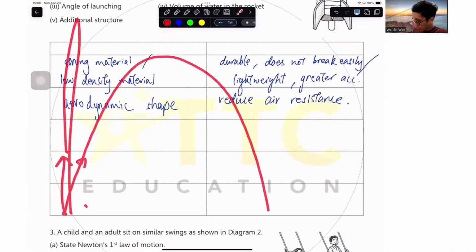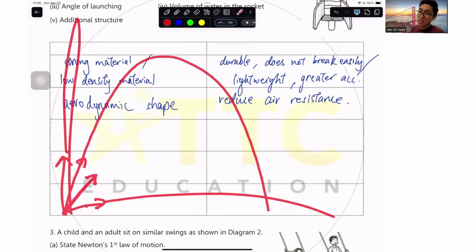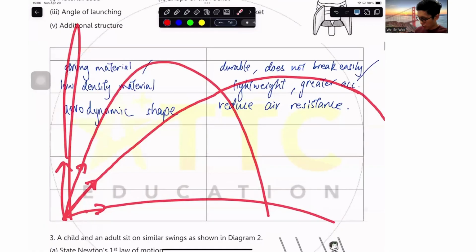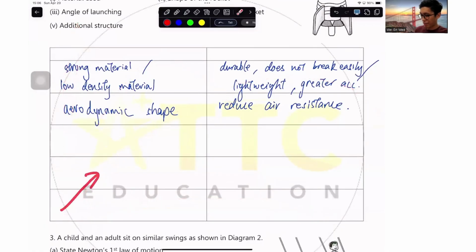If you go too horizontal, it also drops down very quickly. So 45 degrees is the way to go because it's a perfect balance of up and horizontal. Up is so that it doesn't land on the ground so quickly. Horizontal is so that it can travel horizontally. So 45 degrees is the perfect balance of height and distance.